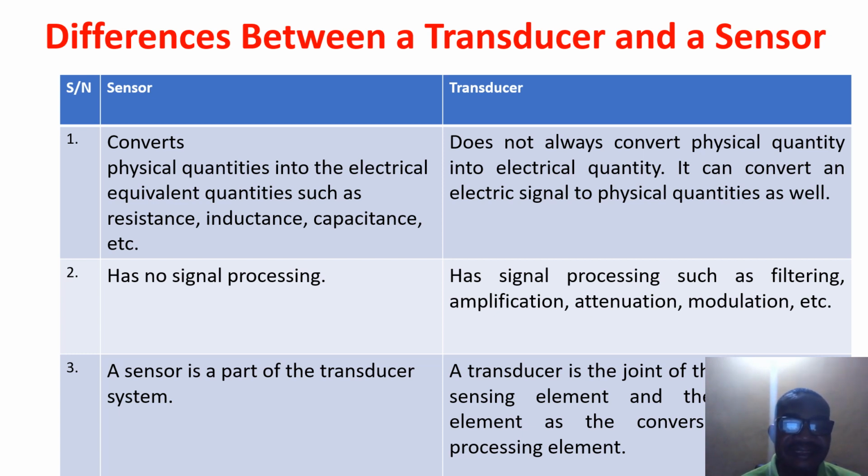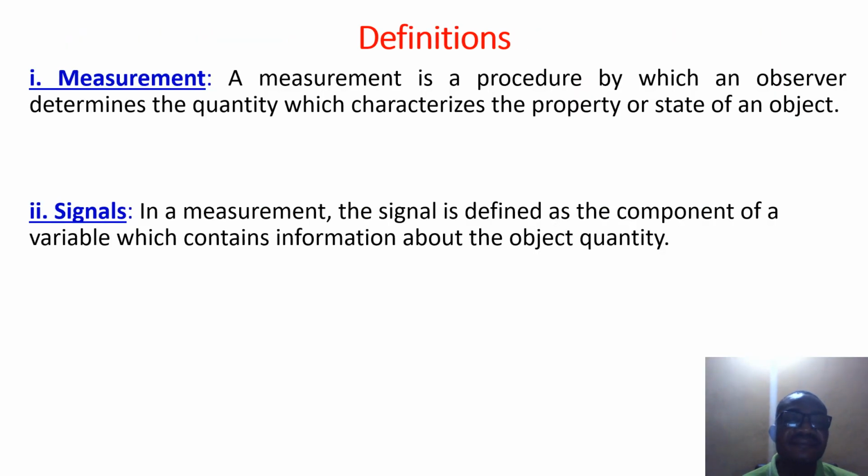Also, a sensor is a part of the transducer system, as I said earlier on. A transducer has the section that is the sensor, that is the sensing element, as well as the transduction element.